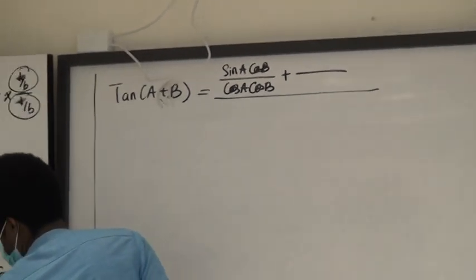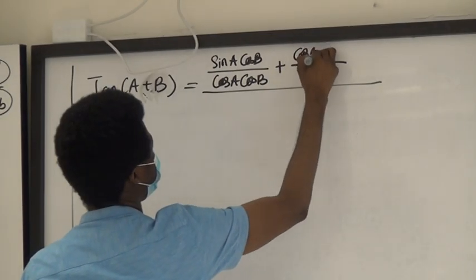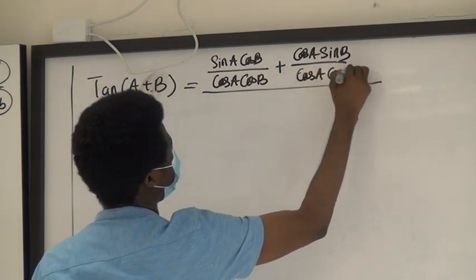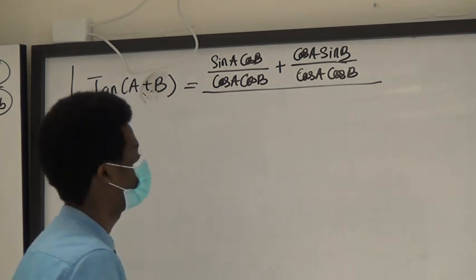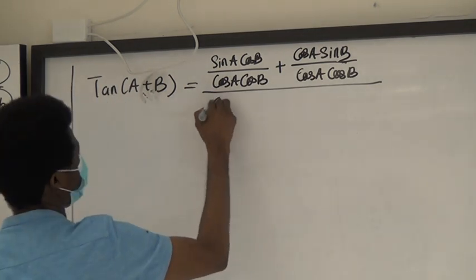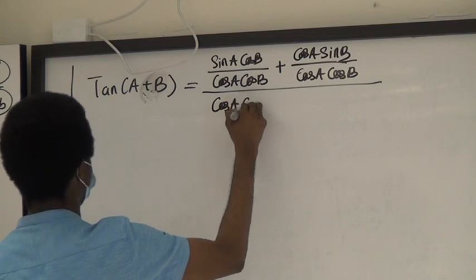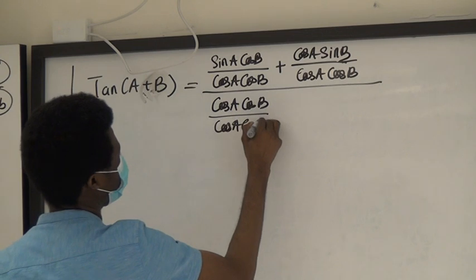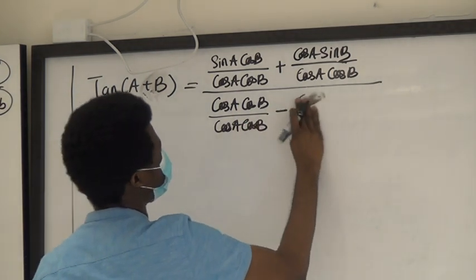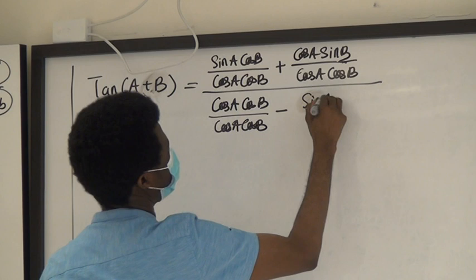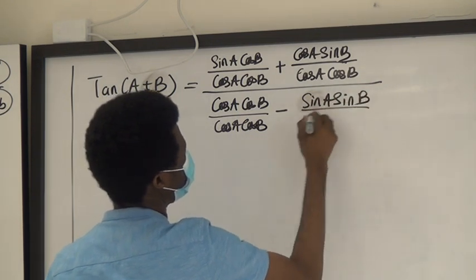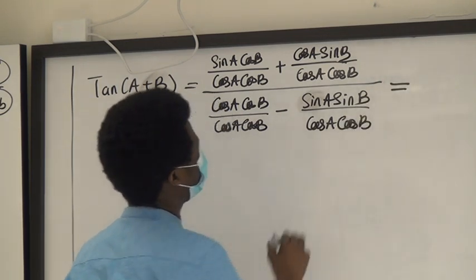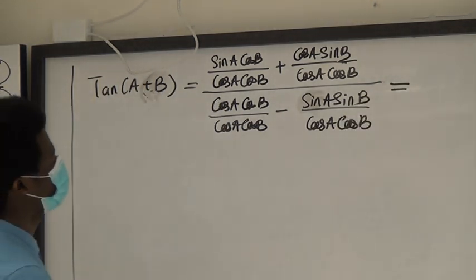The second part, which is this, cos A sine B divided by cos A cos B. Then the denominator, cos A cos B divided by cos A cos B minus sine A sine B divided by cos A cos B. And what does this become?